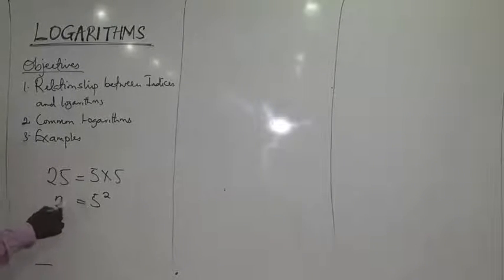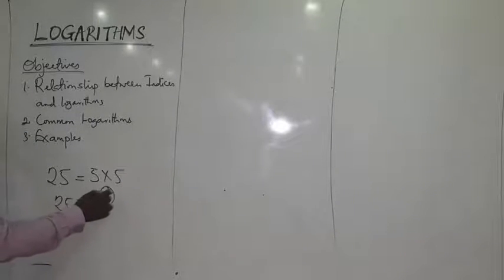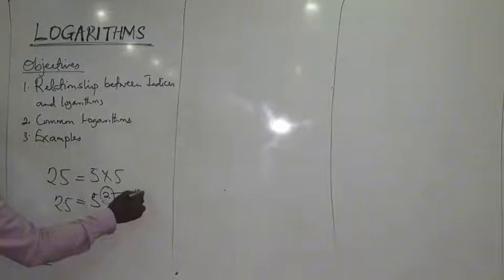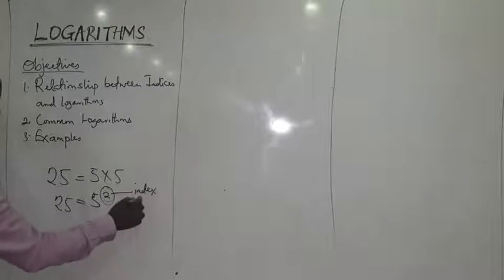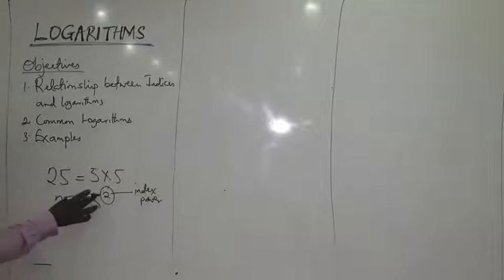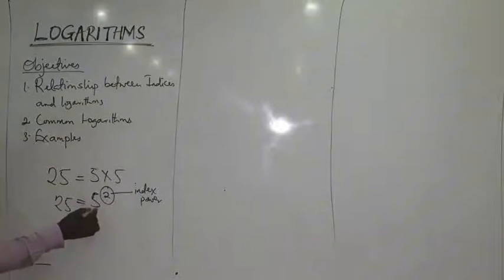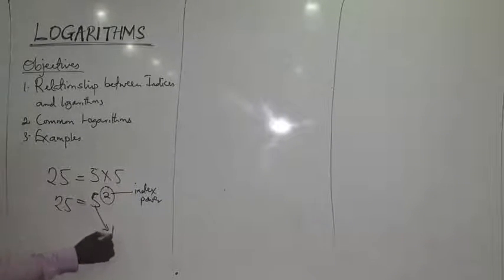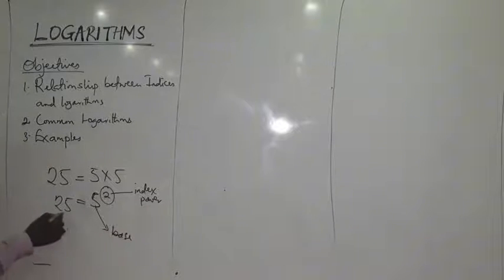So 25 is the same thing as 5 raised to power 2. This 2 is called the index, or power. I explained this under indices. The 5 here is the base.